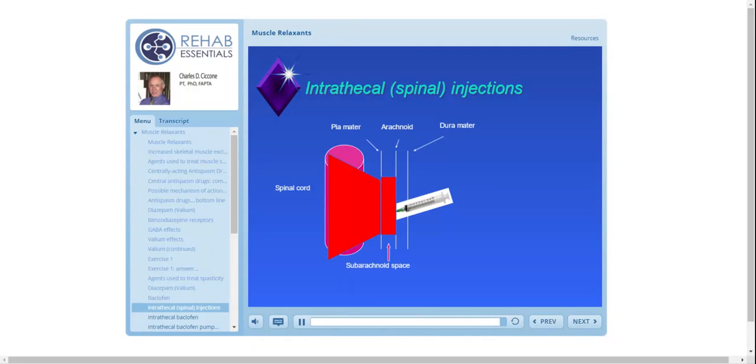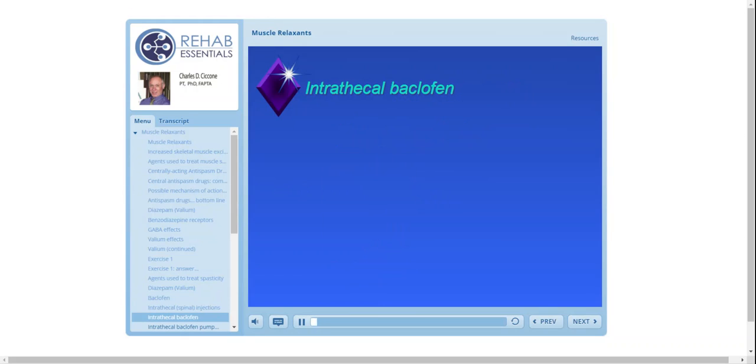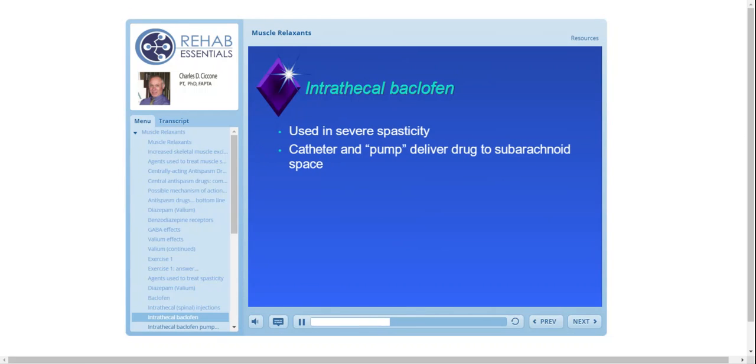If so, they may plant a temporary catheter into the subarachnoid space. So once again, what we're thinking here is we have this patient that has moderate to severe spasticity that often responds well to the oral form of this drug, but we have to use a lot of it. And there are side effects like sedation.